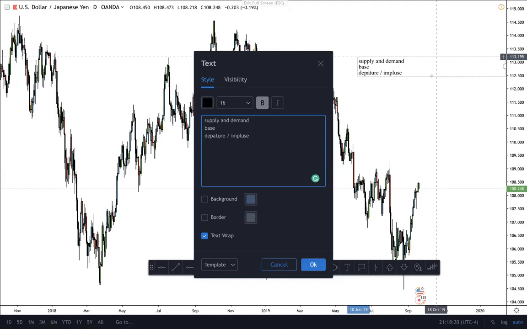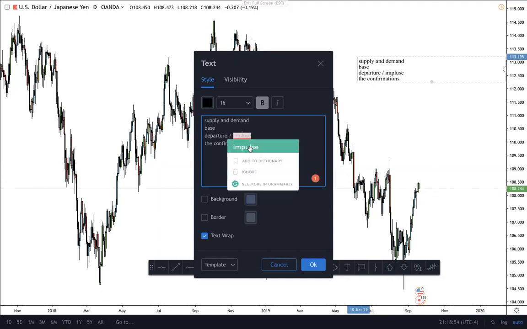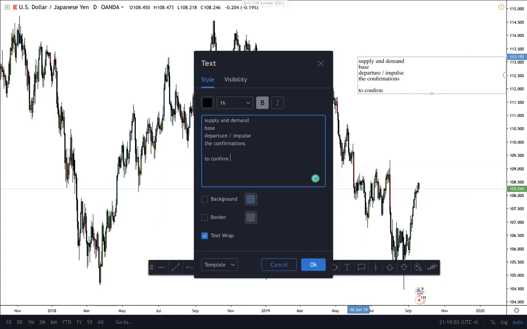The rules for that, and once we know how to identify the base, we follow the rules for the base, the rules for the impulse, and the rules for the accomplishments or the confirmation, to confirm the zone, right?